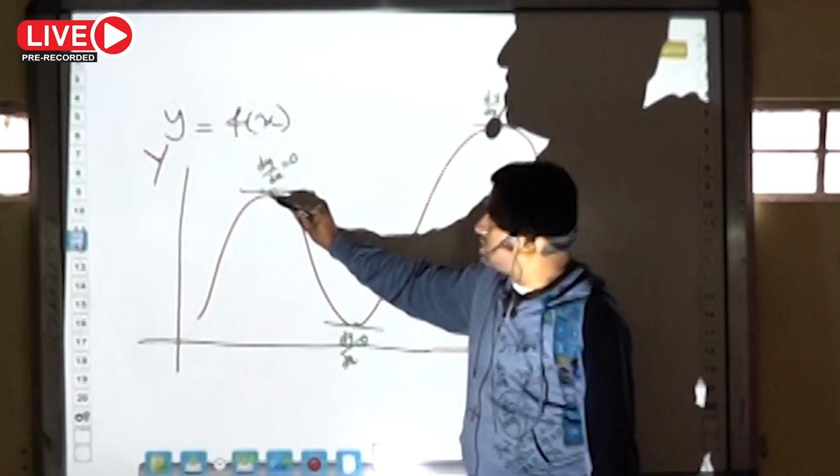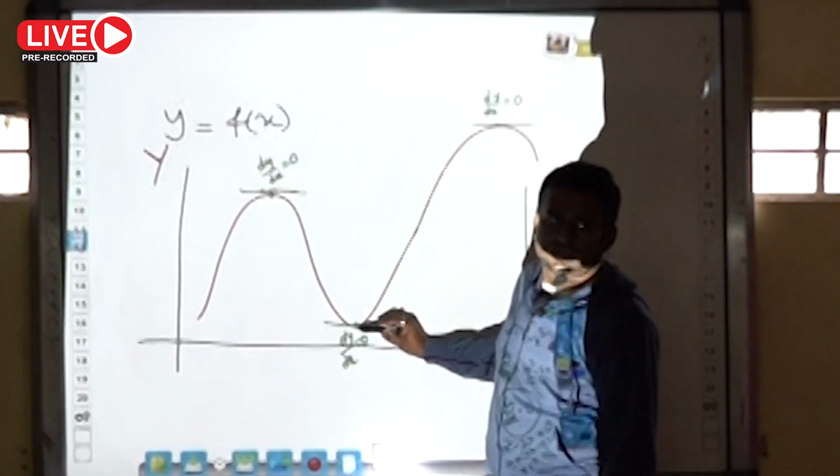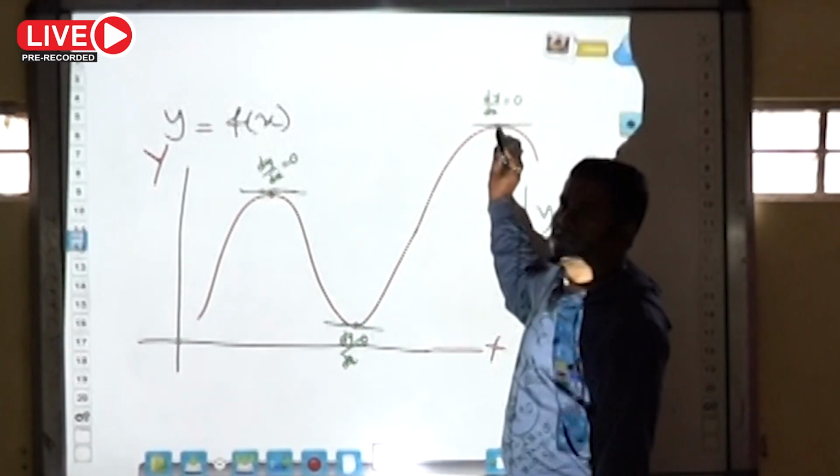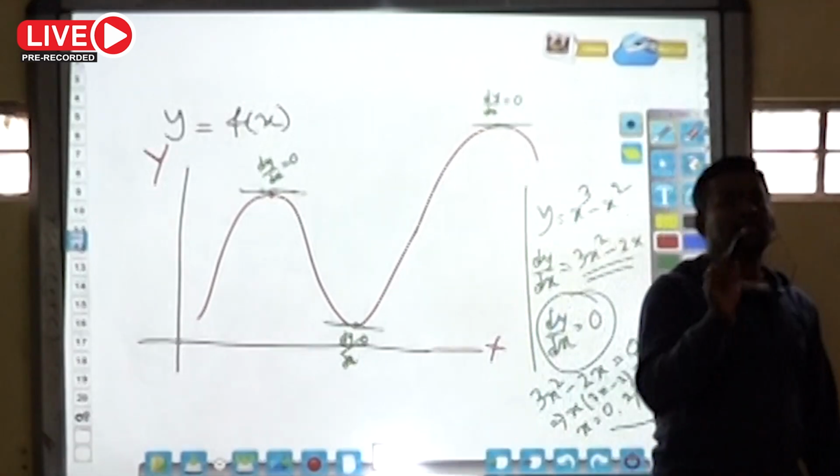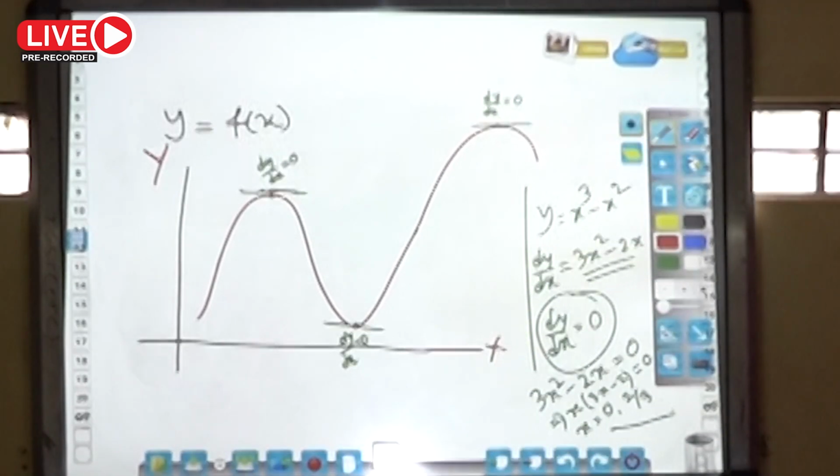This point is a stationary point. This point is a stationary point. This point is a stationary point. Now, how does the name come? Stationary points. What do you mean by the word stationary? Stationary means not moving. It is at rest.